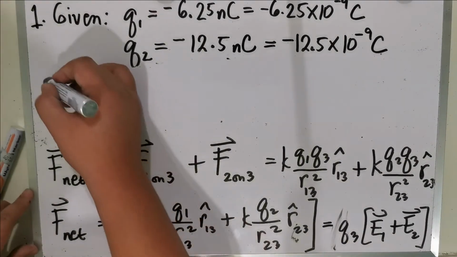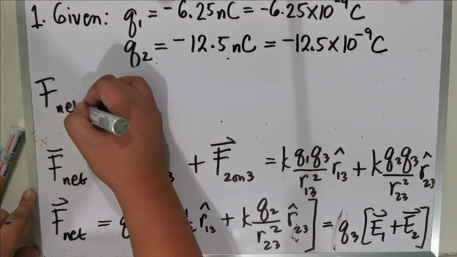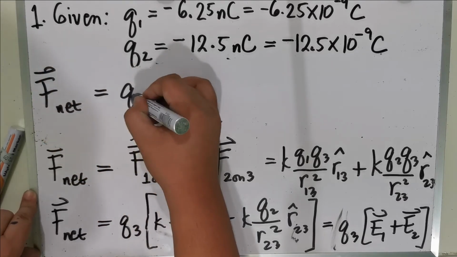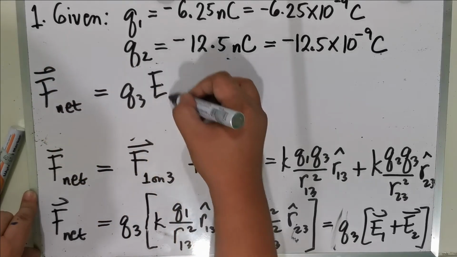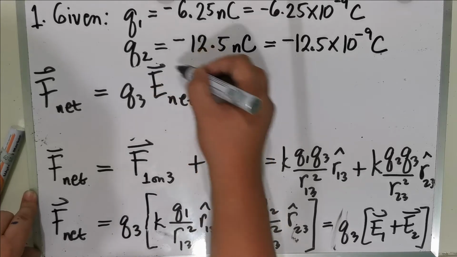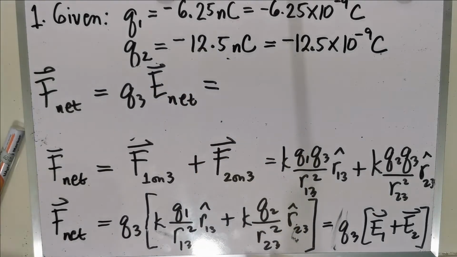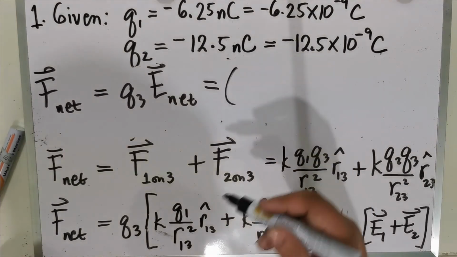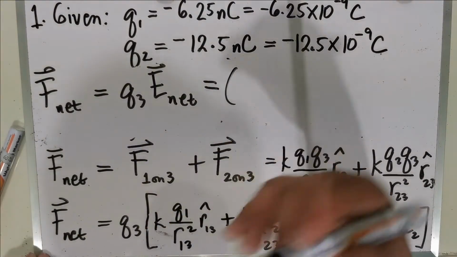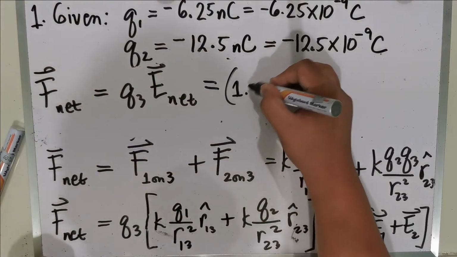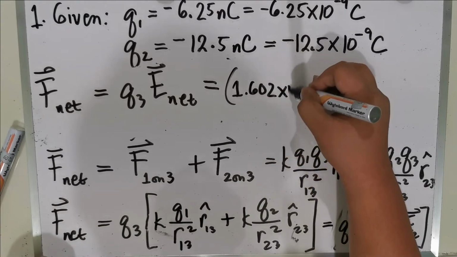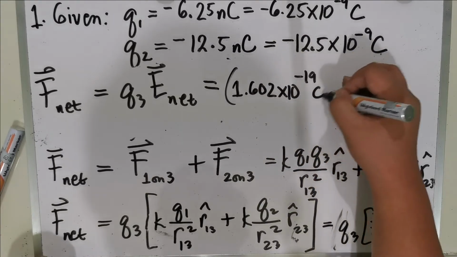Then F net on 3 would be equal to Q sub 3 times the net electric field. From the previous problem, the net electric field is 8,750 Newton per Coulomb I hat, and the charge of the proton is 1.602 times 10 to the negative 19 Coulomb.